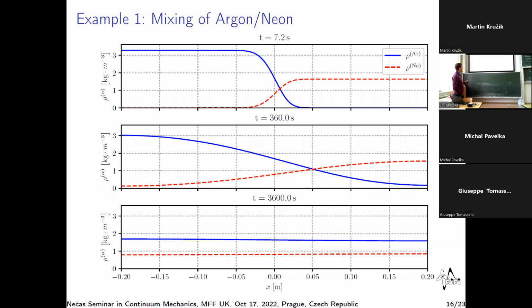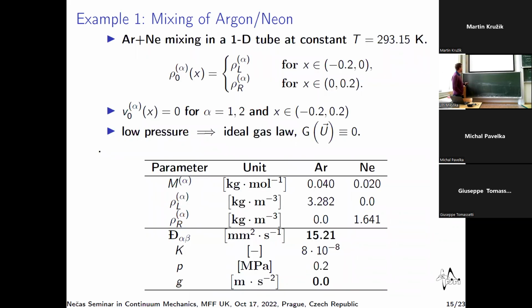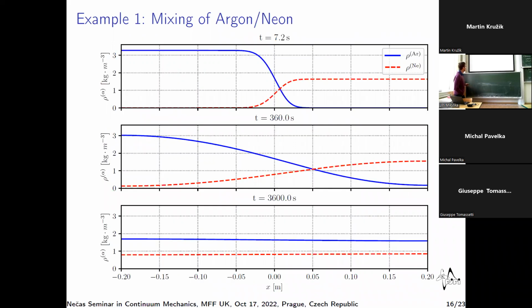The pressure is just 2 bars, so it's low pressure, so it can be modeled as an ideal gas. You can see that after 1 hour, it's almost equilibrated. So this is what we would expect from the classical diffusion, but now it's modeled using a hyperbolic system.